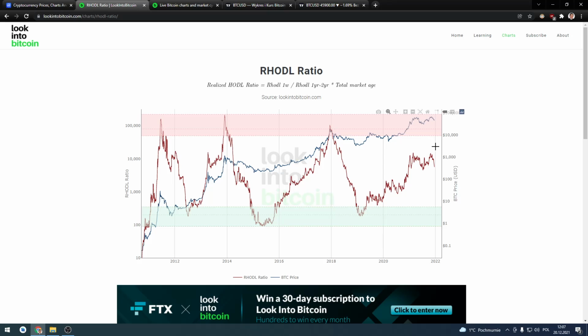And of course, this time might be different, but as you probably know, investing is a game of probability. And in my opinion, the probability that this time will be 180% different than in the previous times is really low.